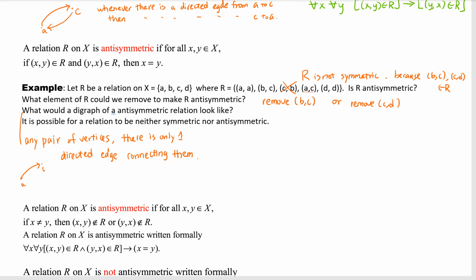Okay. Next, is it possible for a relation to be neither symmetric nor anti-symmetric?